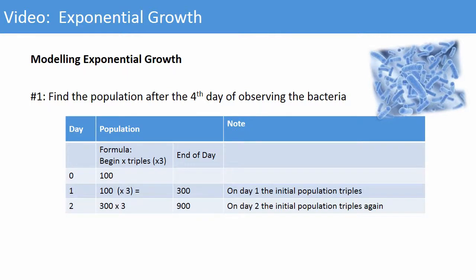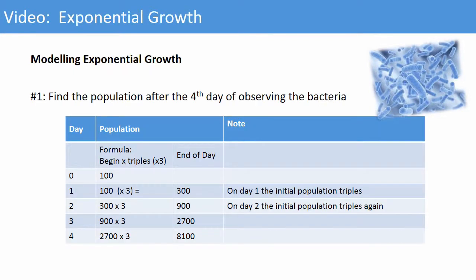Now, on day 2, we started out with 300 from day 1. That number tripled, so we know at the end of the day that we have 900 bacteria. If we continue the pattern, we will notice that on day 3, 900 times 3 would give us 2,700 bacteria, and on day 4, 2,700 times 3 would give us 8,100 bacteria.